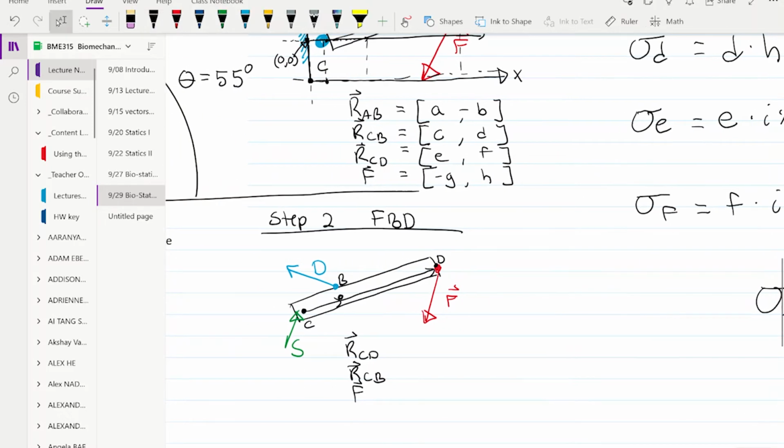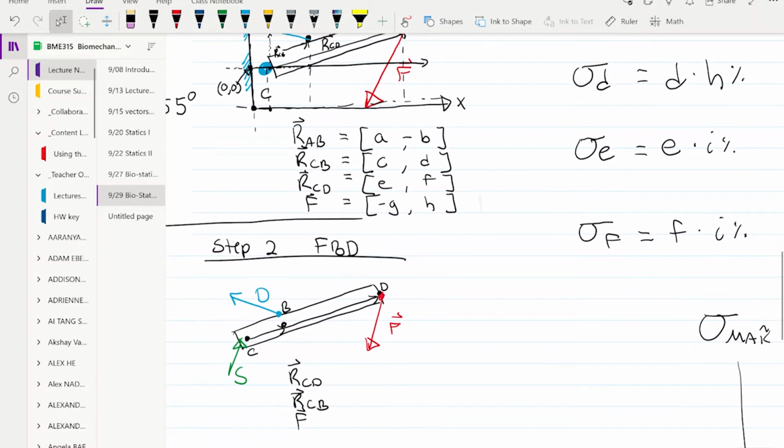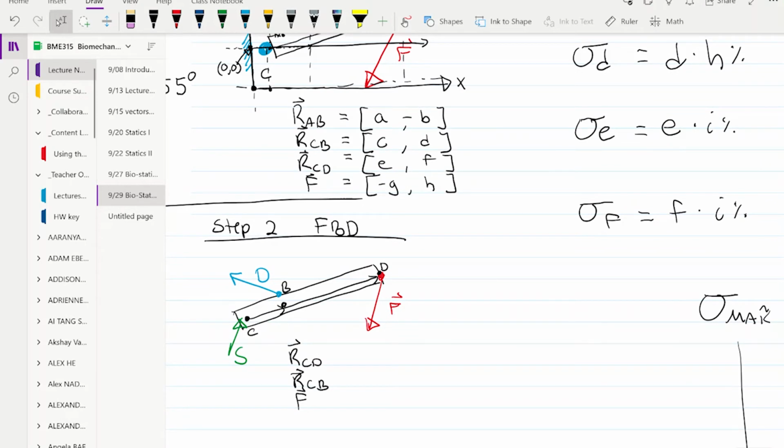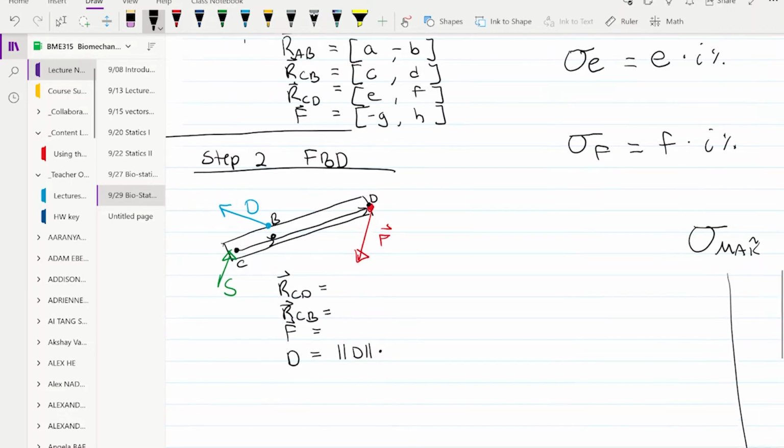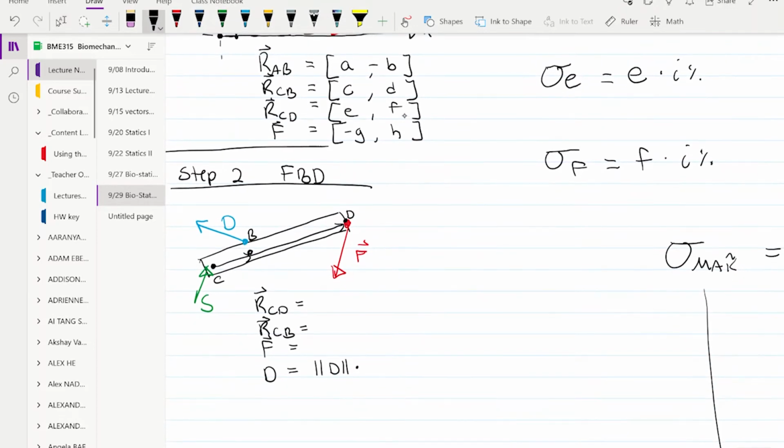What that really did is give us the direction of D. We can say that D is equal to some magnitude of D times the direction of D, and we know the direction of D is EF, so that's EF divided by the magnitude of EF.